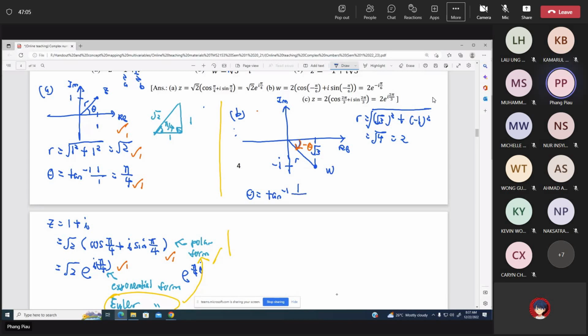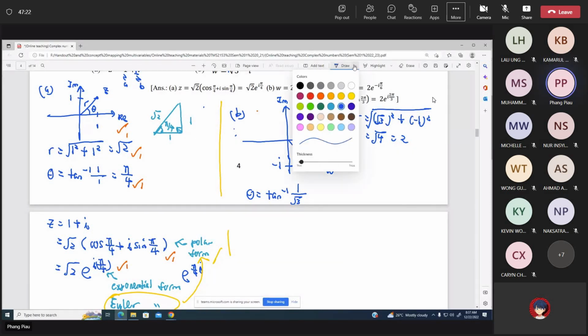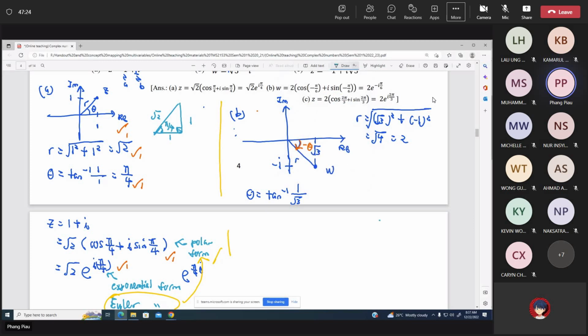Then this part is root 3. I'm using this because we have a standard triangle for us to evaluate this 1 over root 3. If you say this is pi over 6, here should be pi over 3, right?